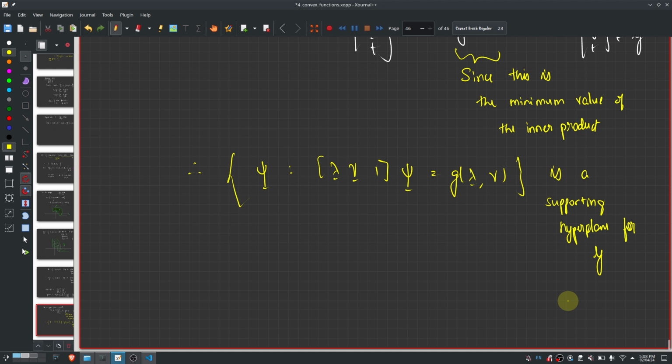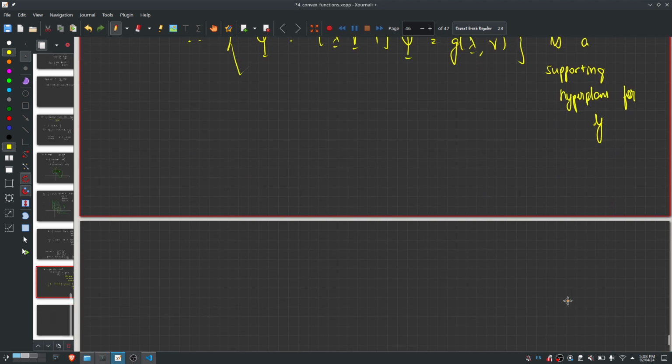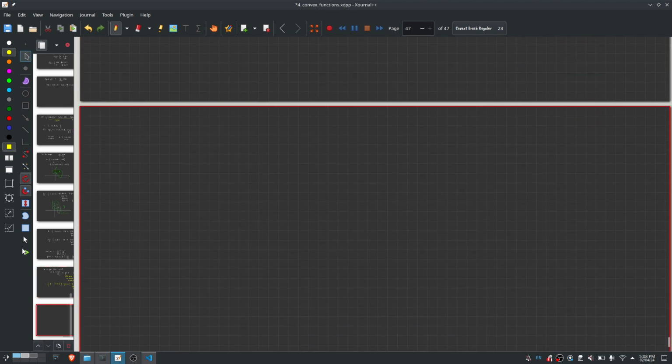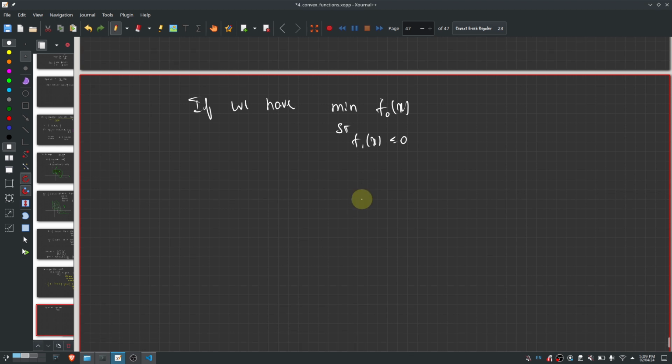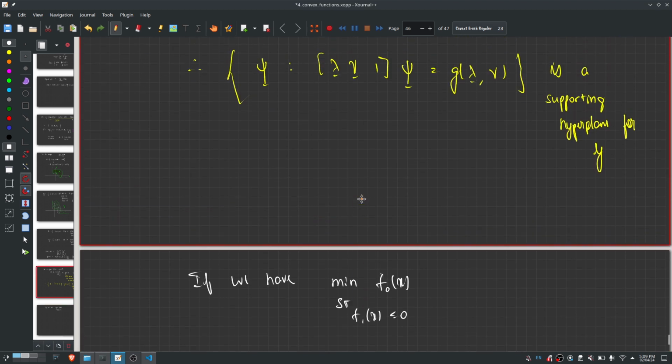Okay. So what does the supporting hyperplane look like? Again, let's go back to our example of single function with one inequality constraint. So if we have minimum of f0 of x subject to f1 of x less than or equal to 0, then what does the hyperplane look like?